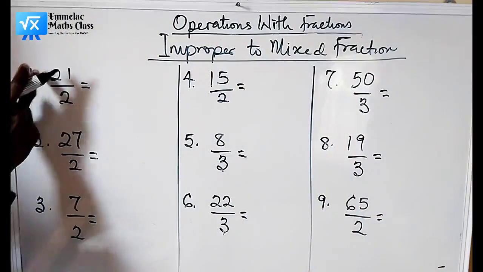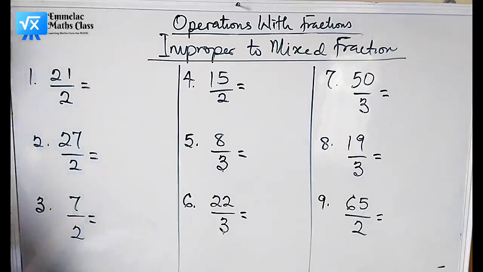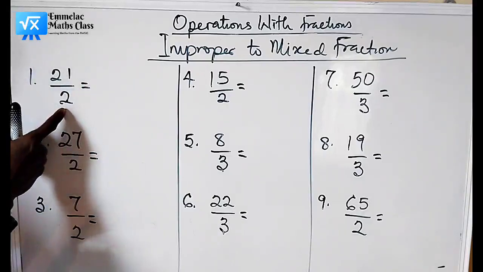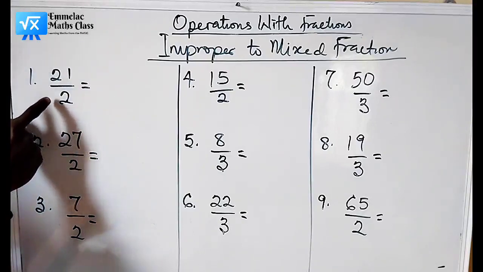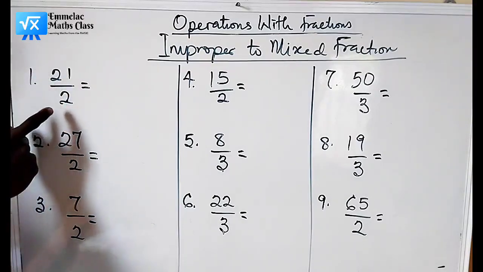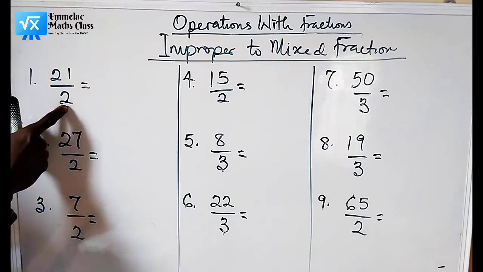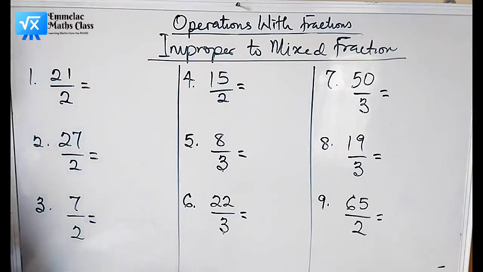In this case you have 2 digits. Because the denominator here is 2, most of the numbers that 2 is divisible into are even numbers.